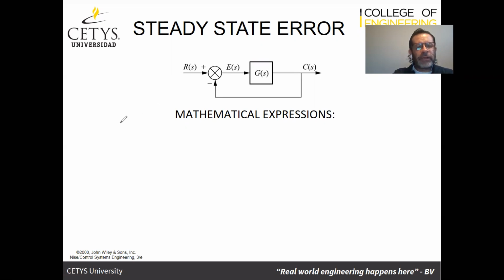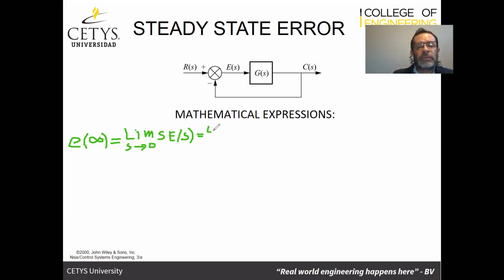The final value theorem says that E of infinite, which is the steady state error, is equal to the limit when S tends to 0 of S times E of S. And we just defined that E of S was the previous expression that we had.